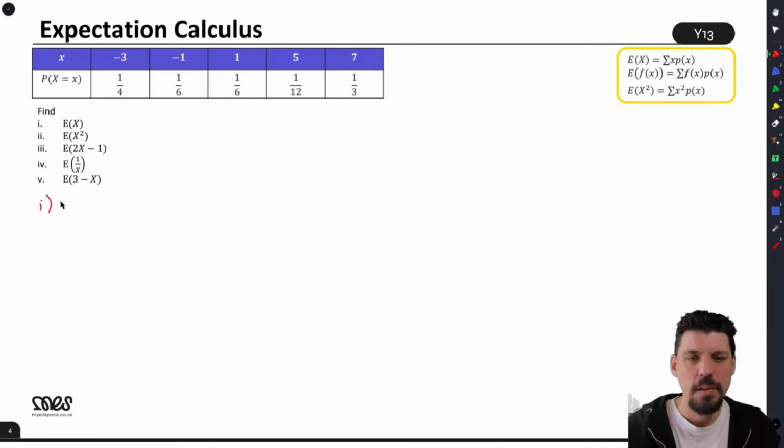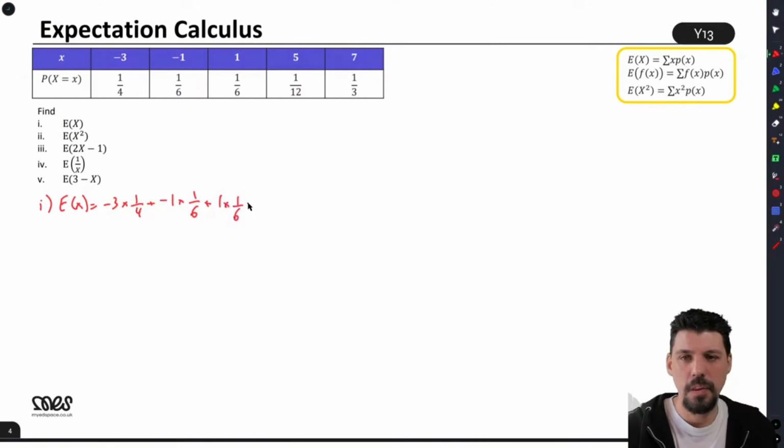All right. So E of x is the sum of the x value times the probability, which is very much like finding a mean from a frequency table. You're telling me 2?